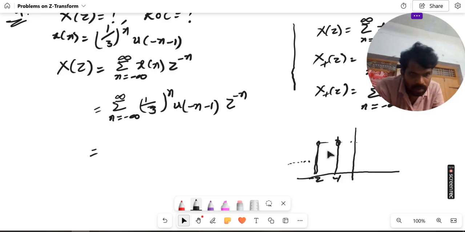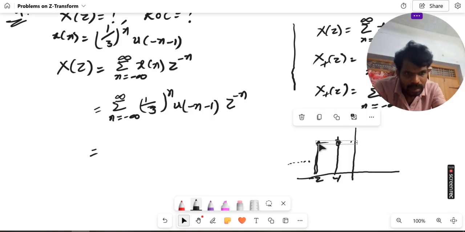So for this we are going to simplify the given one.